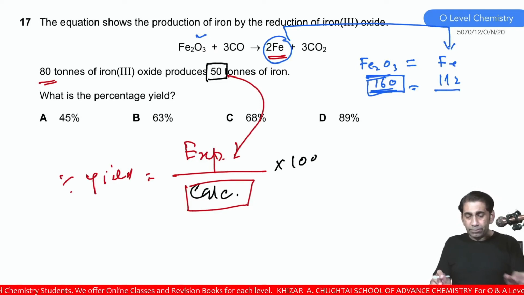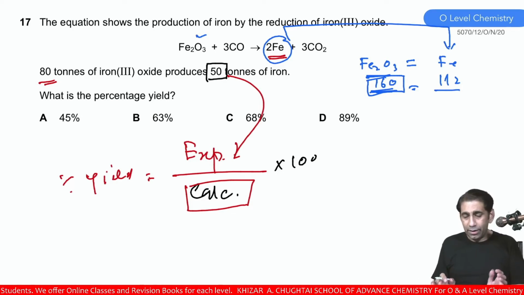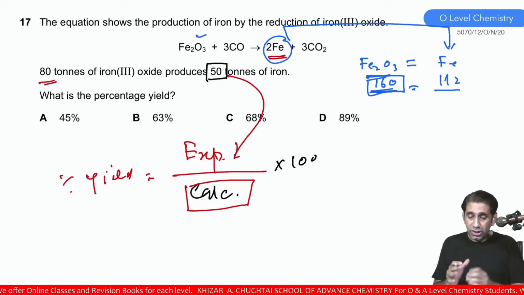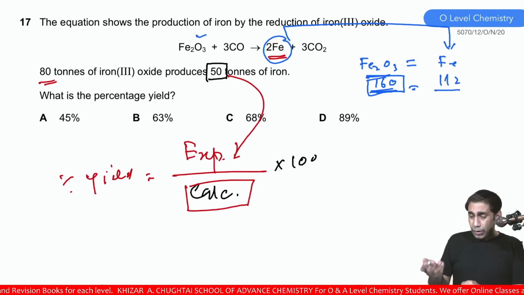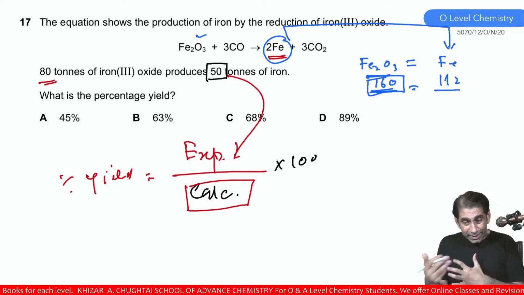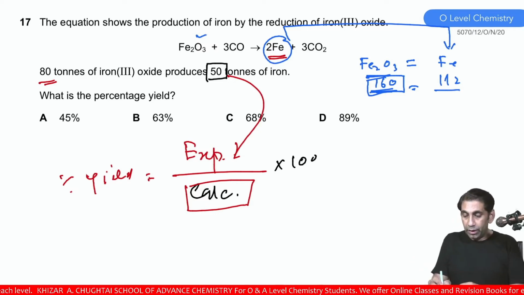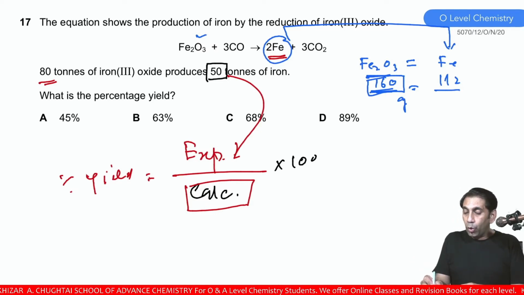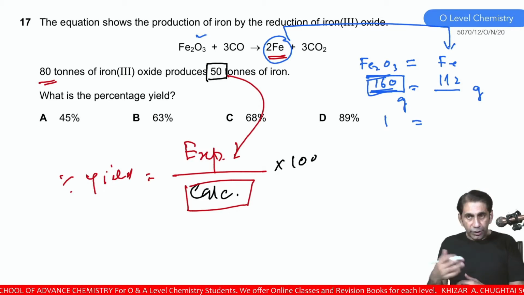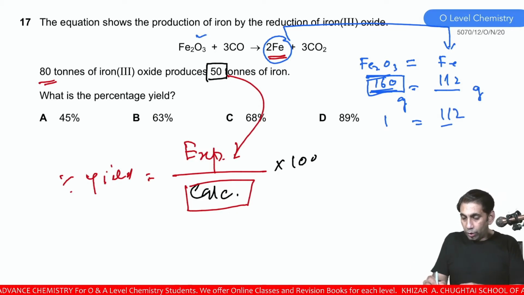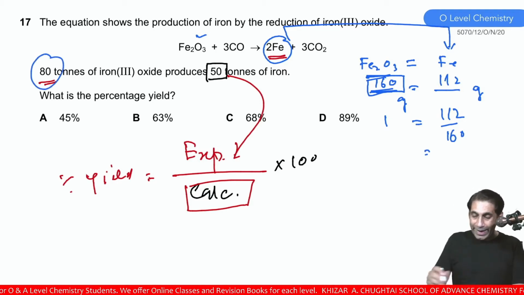Let's suppose there is no impurity and this whole procedure is happening 100% efficiently. At this time, 160 grams of Fe2O3 is going to yield iron equal to 112 grams. 1 gram of Fe2O3 will give 112 over 160, and at the moment we are using 80 grams.